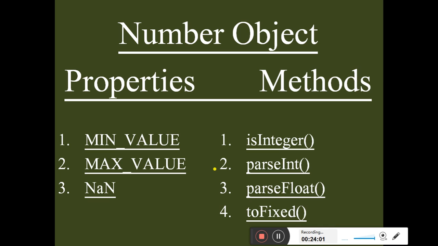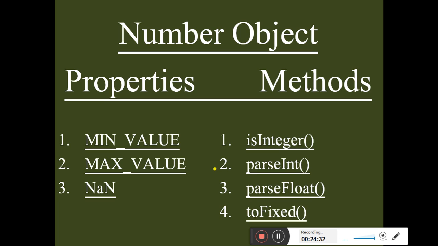Then we have seen methods of the Number object. The first method is isInteger. This isInteger method will check whether the entered value is an integer or not. If the entered value is an integer, it will return true. If the entered value is not an integer value, then it will return false.